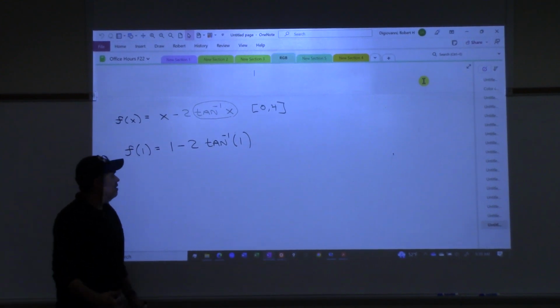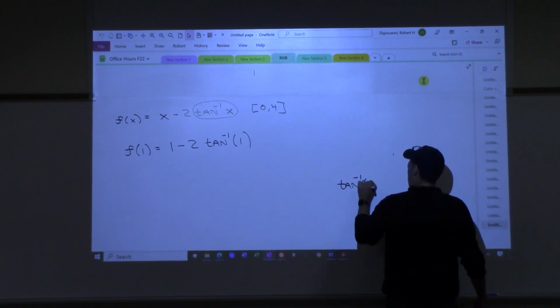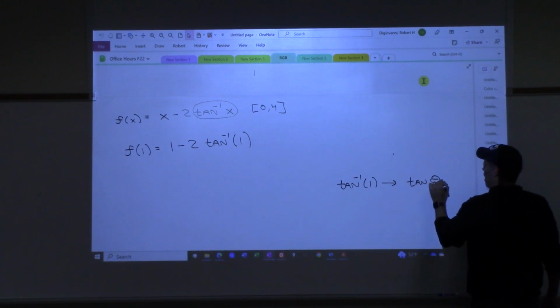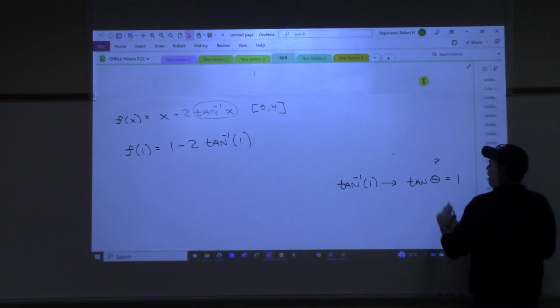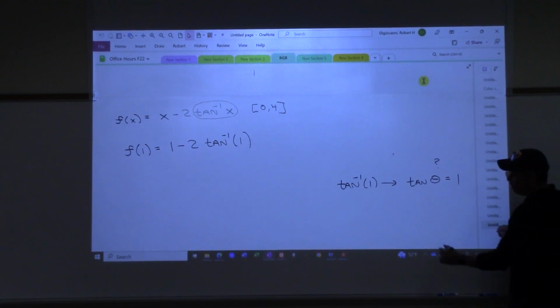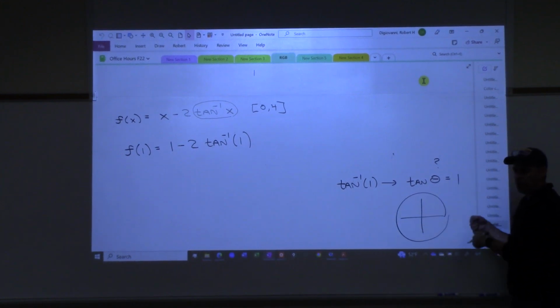In pre-cal, if you're trying to figure out what inverse tangent of 1 is, what this is really saying is: tangent, not inverse tangent, of some angle equals 1. We're trying to figure out what angle gives you a value of 1 when you do tangent. Going back to your unit circle, at what angle is your tangent 1?